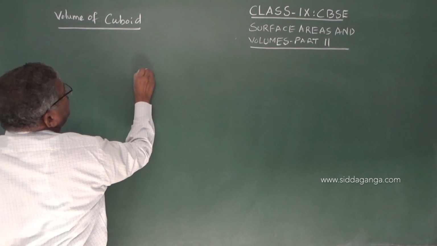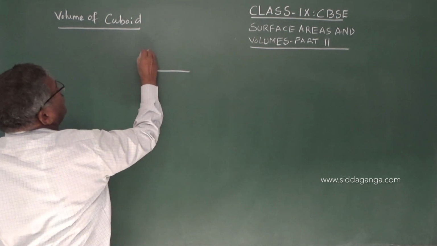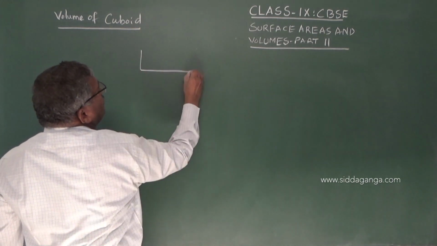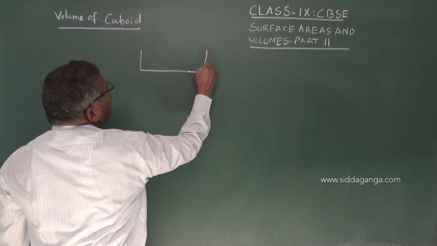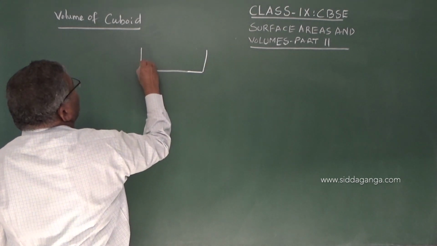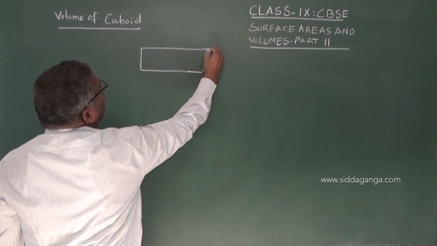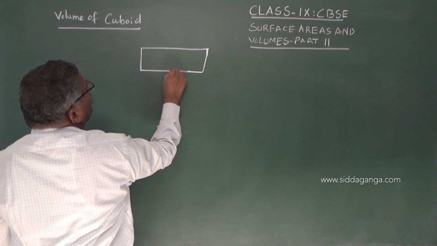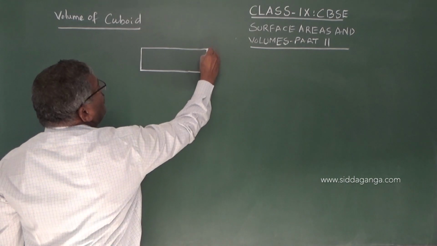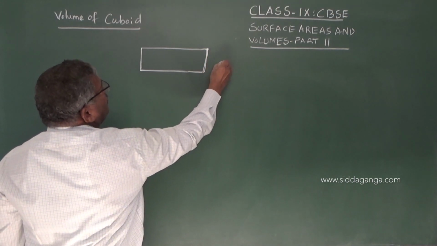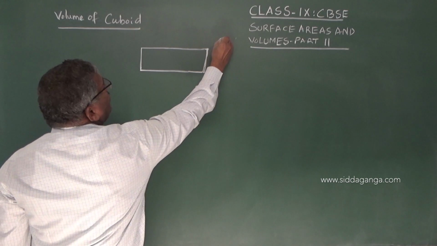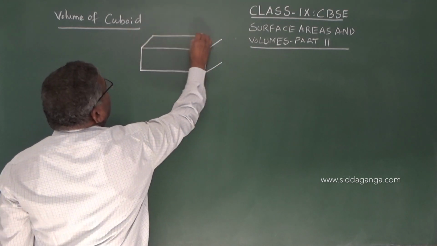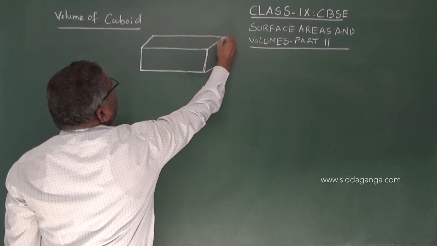So a cuboid is a three-dimensional object which has length, breadth and height. You are familiar with this and you have calculated the surface area of such objects already. So this is a typical cuboid, the brick. I will write it once again. So this is, say this is a cuboid.